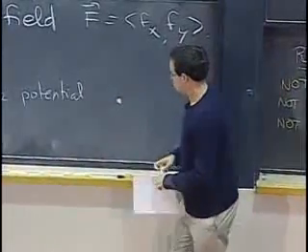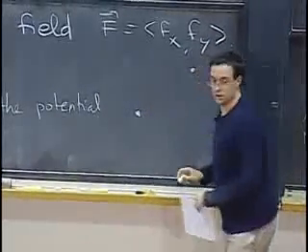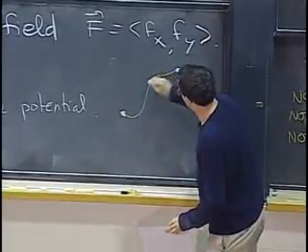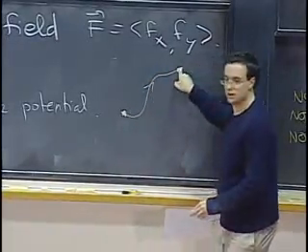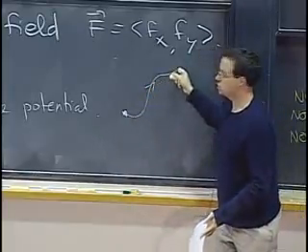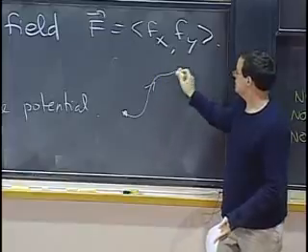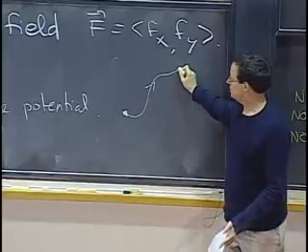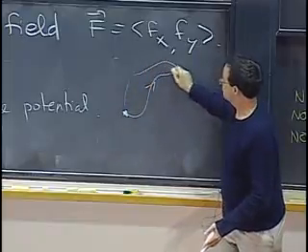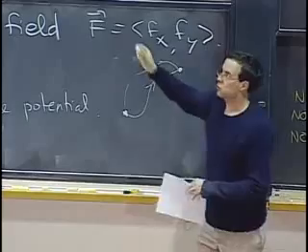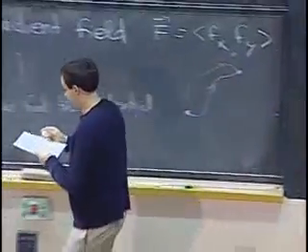So let's say I know my potential here, and I want to know my potential here. I take my favorite particle, and I move it from here to here, and I look at the work done. That tells me how much the potential has changed, so that tells me what the potential should be here. And this does not depend on my choice of path because I've assumed that I'm path independent. So that's what we will do on Tuesday.